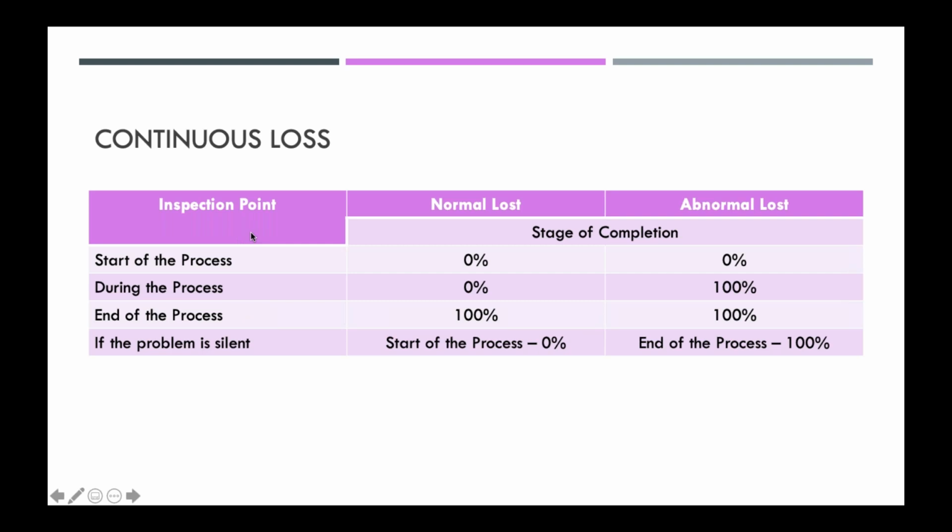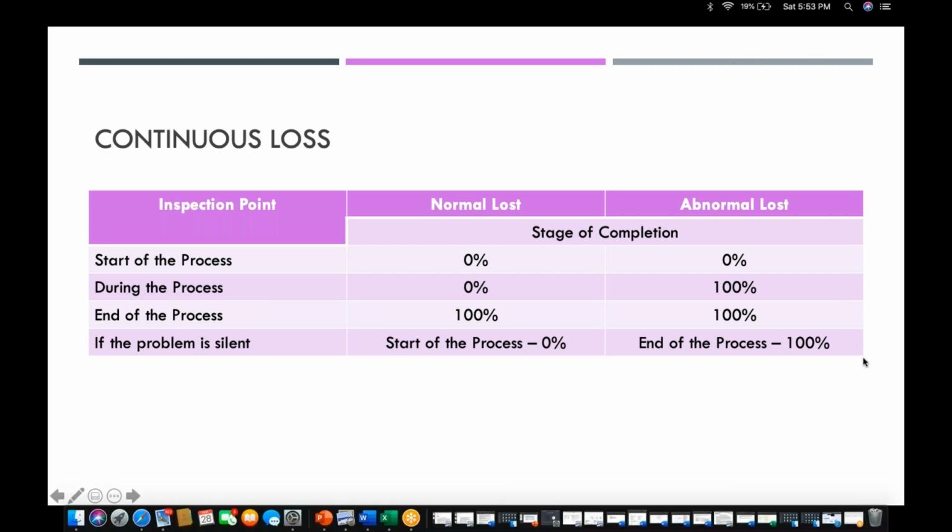So yung determination of work to be done dun sa normal units is dependent dun sa inspection point. It's either at the start, during, or end of the process. So ito yung ating rule natin. Kapag ka yung inspection point is at the start of the process, we will allot 0% stage of completion.